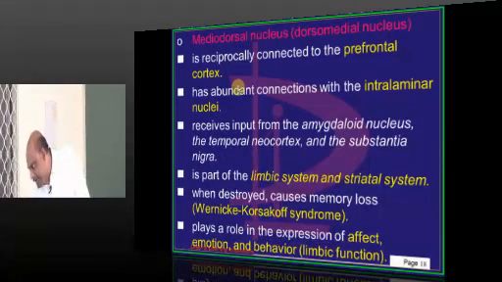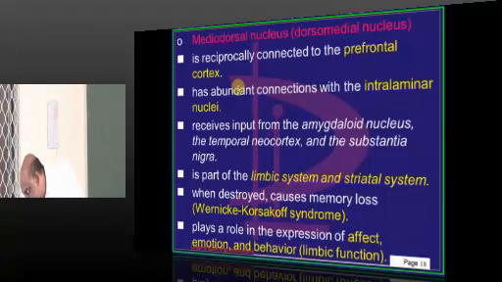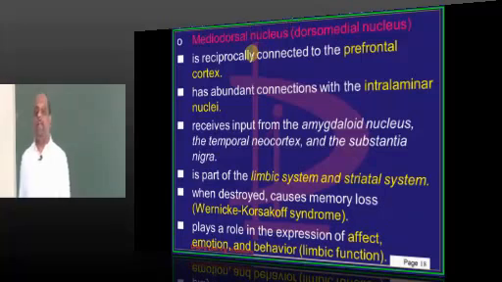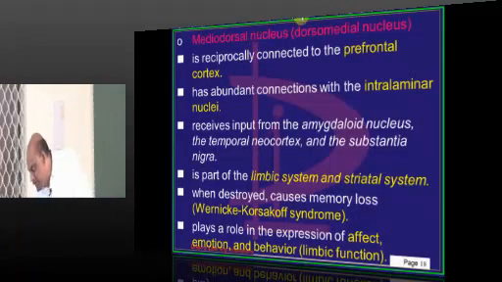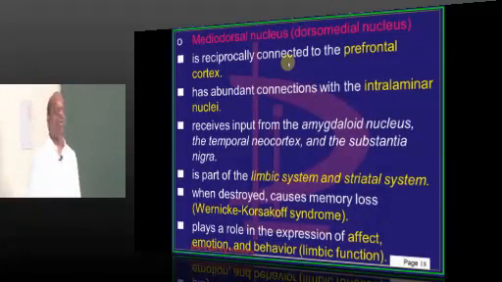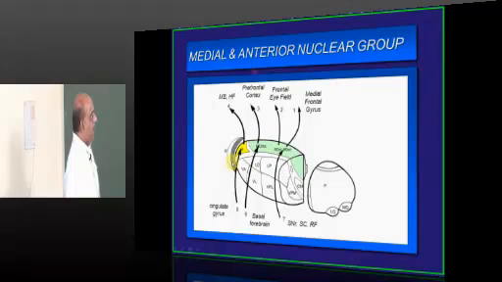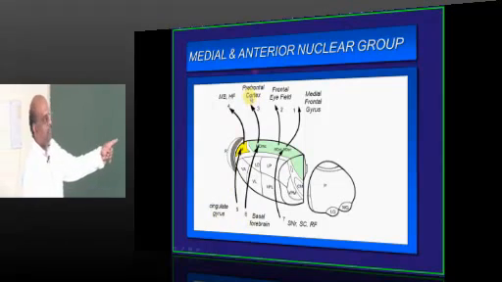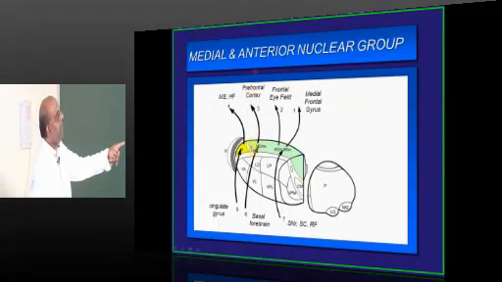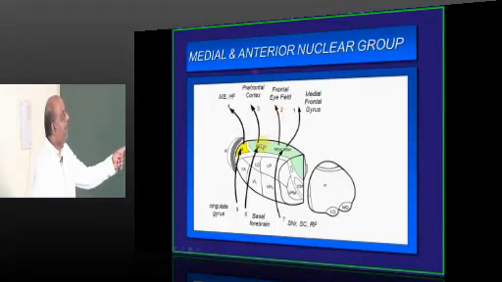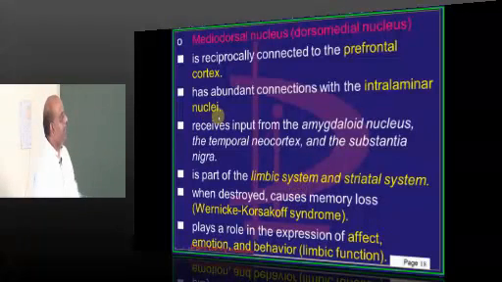Then the next important group is the mediodorsal nucleus of the thalamus, otherwise called the dorsomedial nucleus. You have the prefrontal cortex, no? The dorsomedial nucleus is connected to the prefrontal cortex, and it has abundant connections with the interlaminar nuclei also.